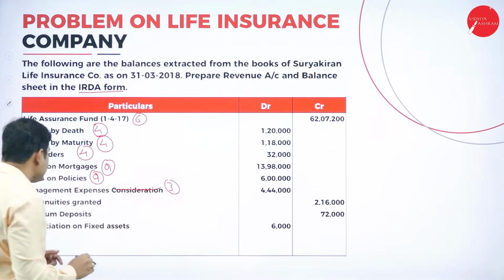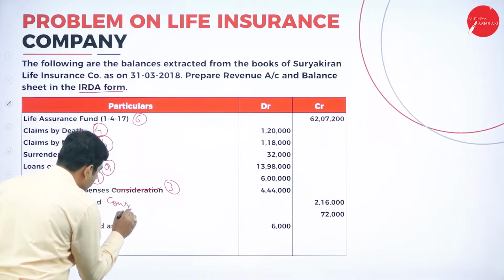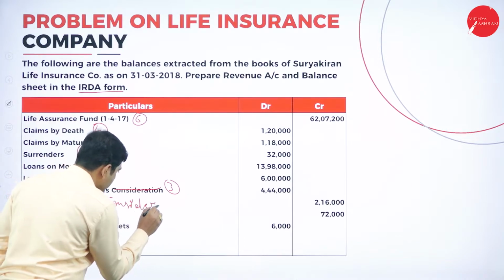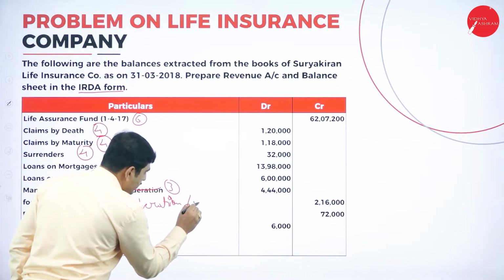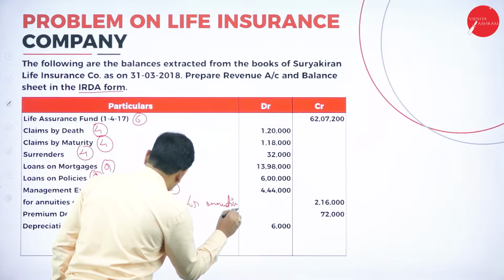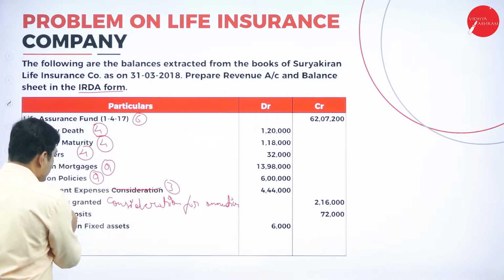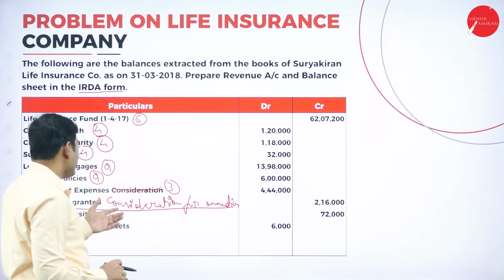Now, here this is consideration for annuities granted. So let's write consideration for annuities granted. Where does it appear?